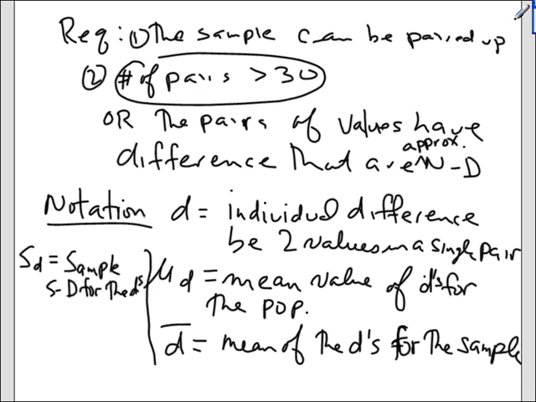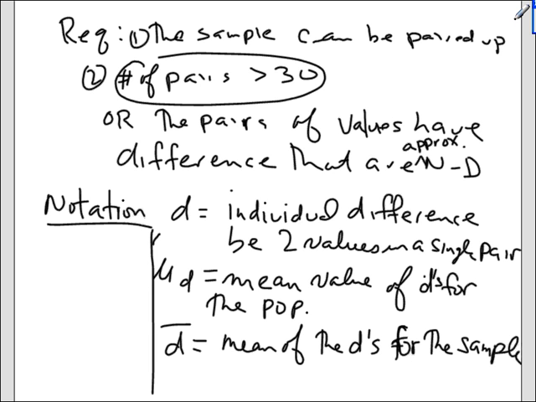I'm giving you a list of numbers and I say find the standard deviation, and I call it little s. Well, what are these numbers that I'm giving you? They have a special name. They're D's, the differences between the pairs.